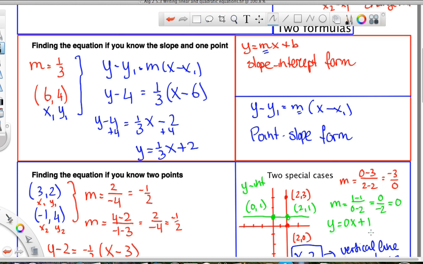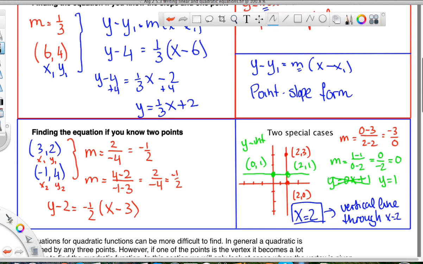And 0 times x is just 0. So you end up with y equals 1. Well, that fits the same definition that I said earlier for the vertical line. For a horizontal line, you would just write y equals 1 because the line goes through the y-axis at 1.